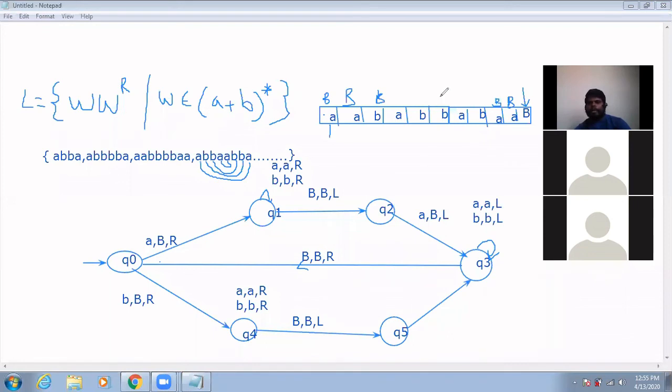Blank B. So what is the next symbol? B. B you should make a blank, and this B I am making a blank, and which direction do I have to move? I need to move in the left-hand side direction.